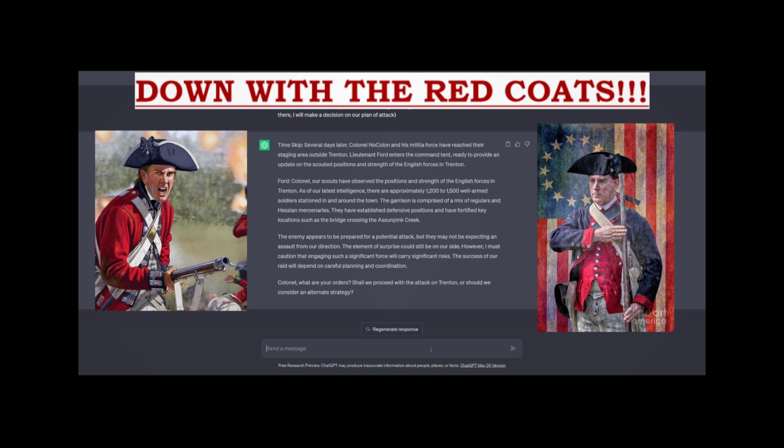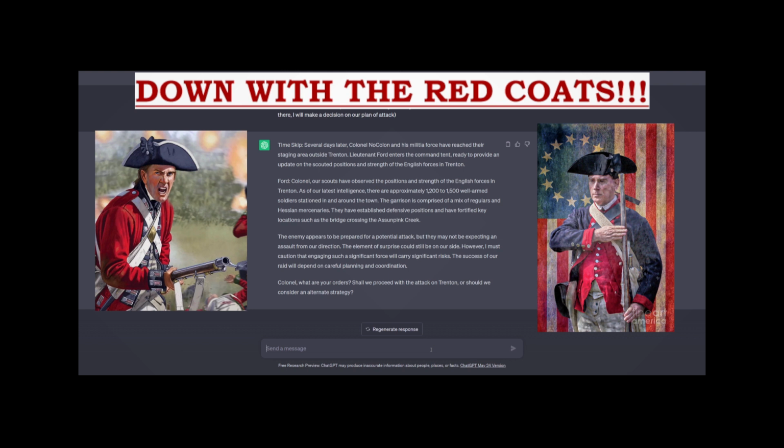They have established defensive positions and have fortified key locations, such as the bridge crossing the Assunpink Creek. The enemy appears to be prepared for a potential attack, but they may not be expecting an assault from our direction. The element of surprise could still be on our side. However, I must caution that engaging such a significant force will carry significant risks. The success of our raid will depend on careful planning and coordination.